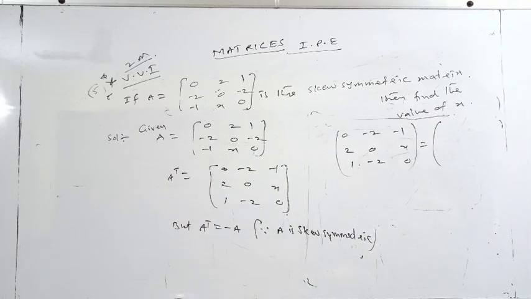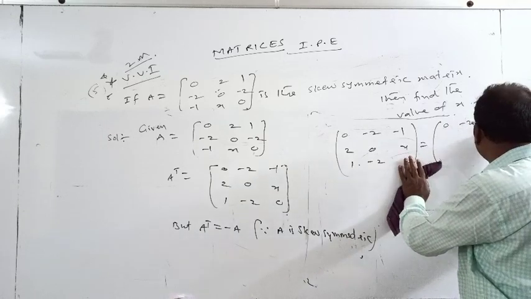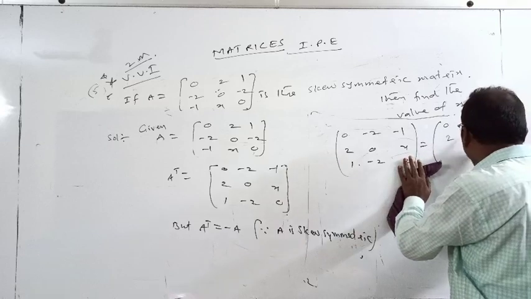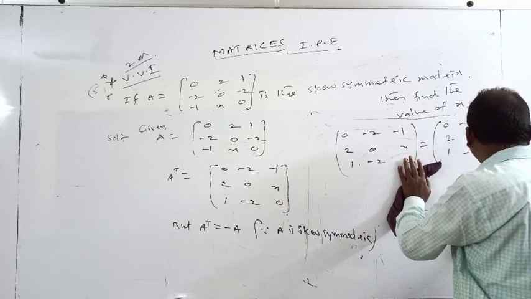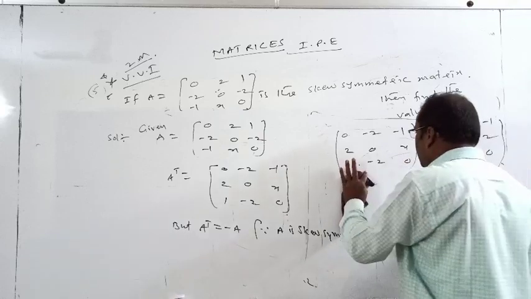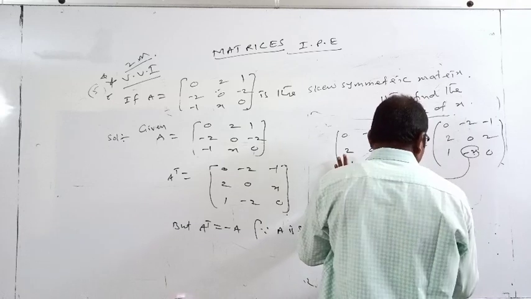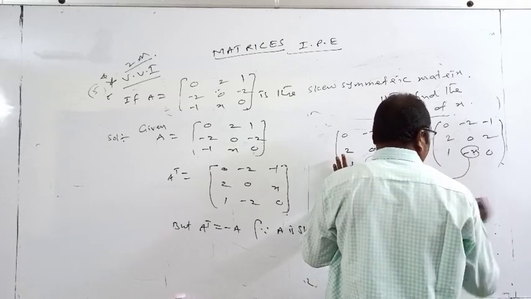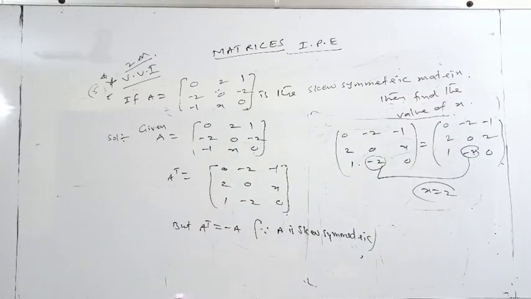So multiply the A with minus 1 now. 0, minus 2, minus 1; 2, 0, 2; 1, minus x, 0. Now we can equate the elements. So see this one. x is equal to. You can equate any element now.